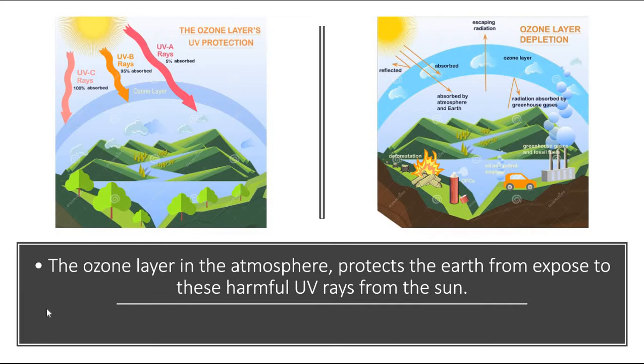Now some of them are absorbed by the ozone layer, some of them are reflected, and some of them simply enter the atmosphere on the Earth. Nevertheless, the ozone layer acts as a barrier. It protects us from harmful UV rays. So it basically acts as a shield. So that is a very important function of the atmosphere as well.